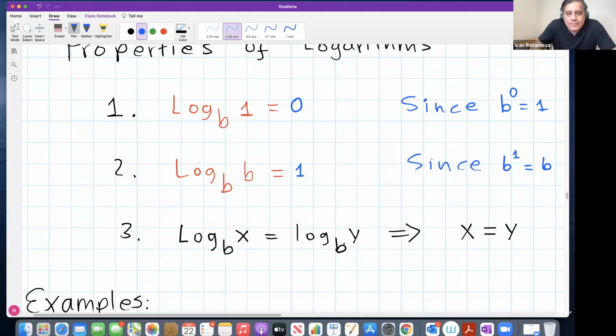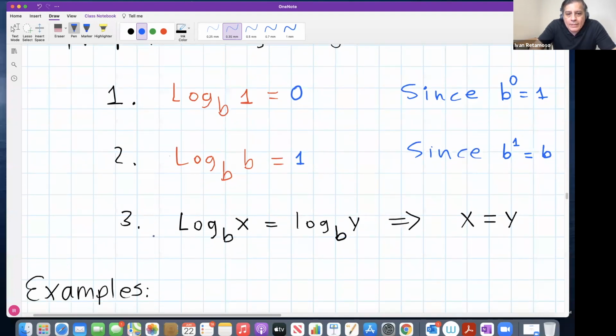Great. Now, the third property deals with the fact that logarithmic functions are the inverse function of exponential functions, right? So let me give you sort of this information in advance. This is the graph of an exponential function in general, right? Remember, the graph of an inverse function is just the mirror image of this.